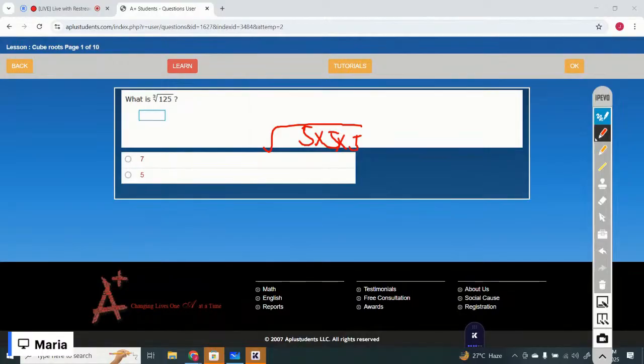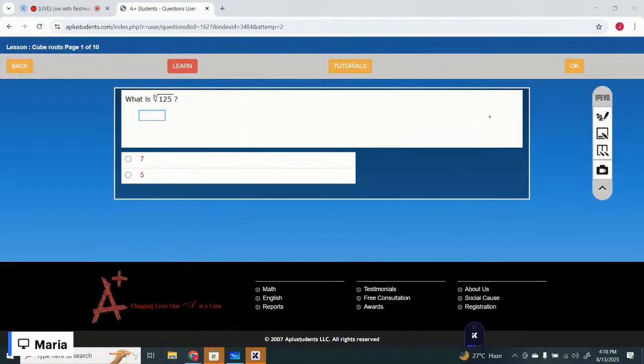So we can write it as 5 cube. So we are left with 5, as the cube root and the 3 cancel out. So option number 2 is the correct option.